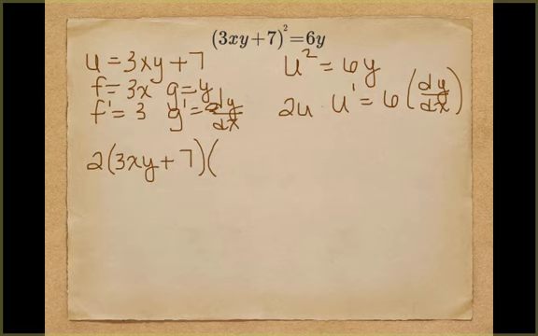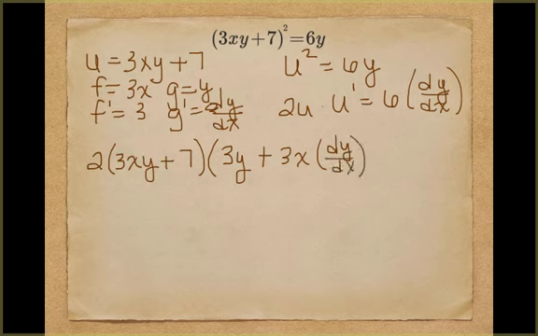So f prime times g, 3y, plus 3x dy/dx equals 6 dy/dx.